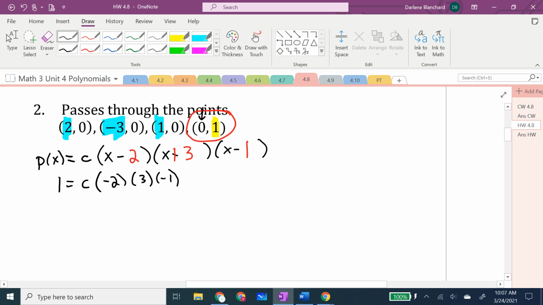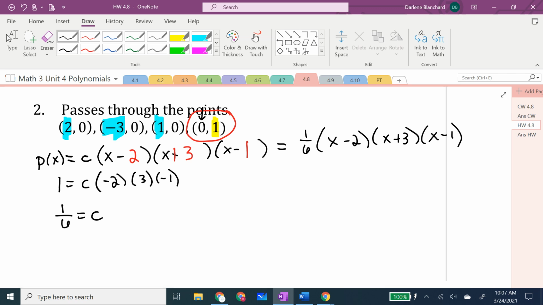And then that becomes positive 6, divide by that positive 6, and then you have your c. So I'm going to write it out as we've got 1 over 6 times these 3. From there, it's a matter of going through the multiplication. Do you need to see the multiplication? So that's a yes. Okay, I've got a yes online.